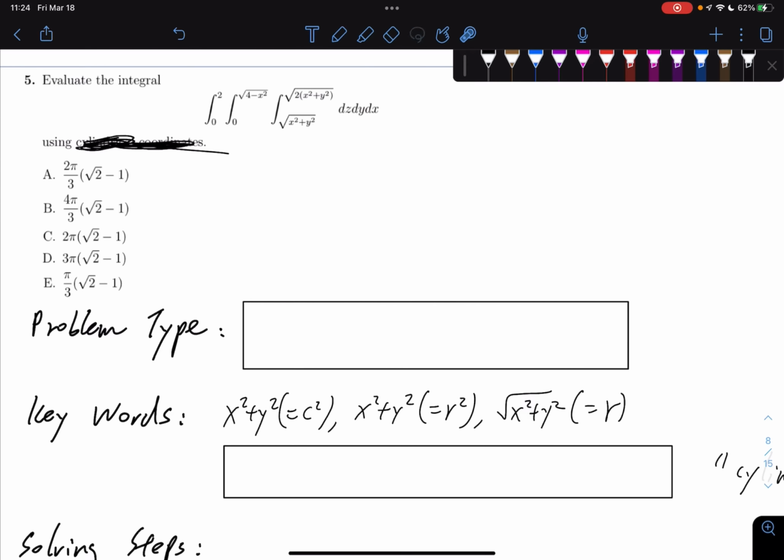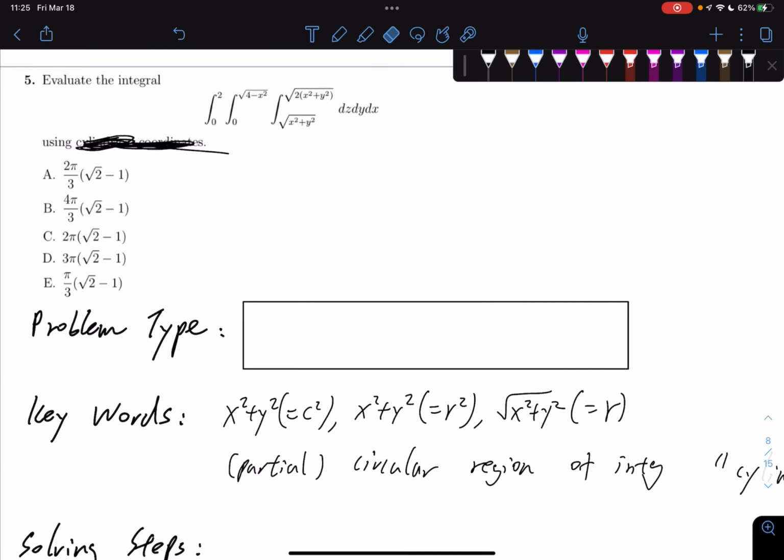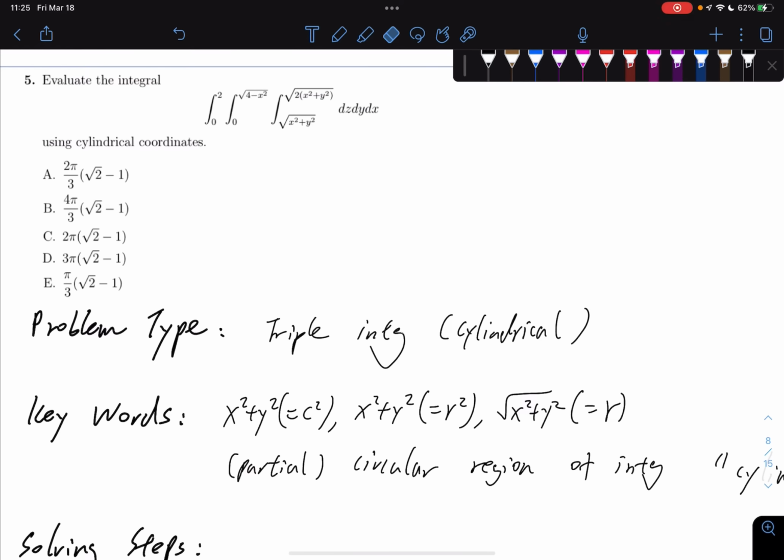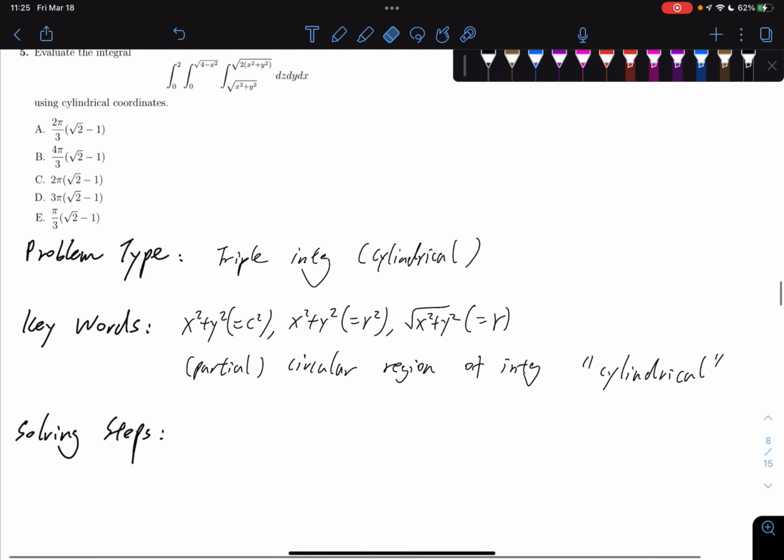That tells us it's better to use cylindrical coordinates to solve this type of triple integral problem.